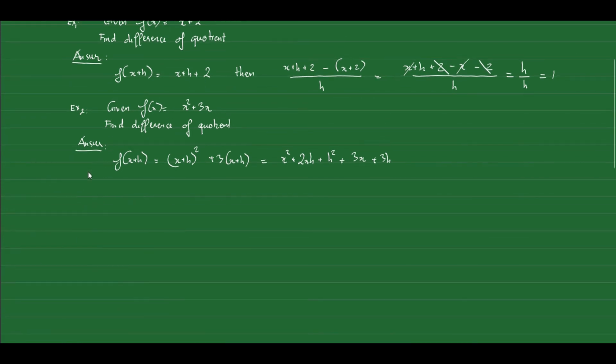Okay, then our difference quotient will be what? It will be x squared plus 2xh plus h squared plus 3x plus 3h minus f of x. It means minus this, over h.